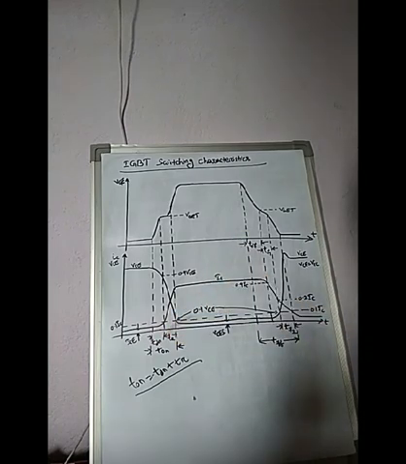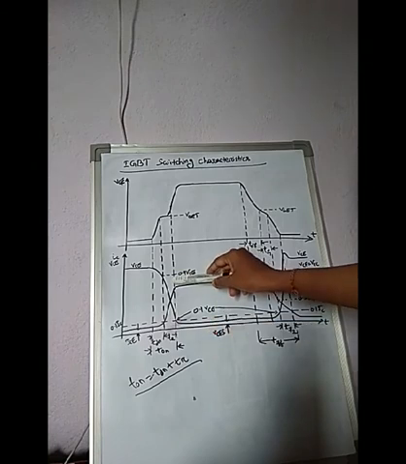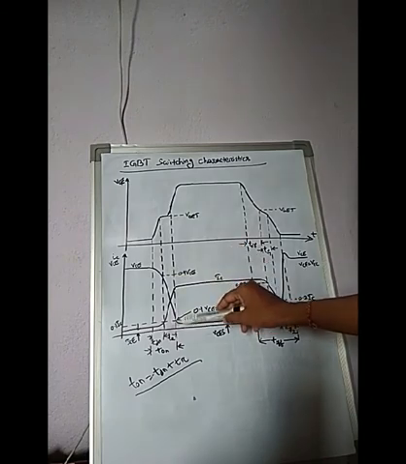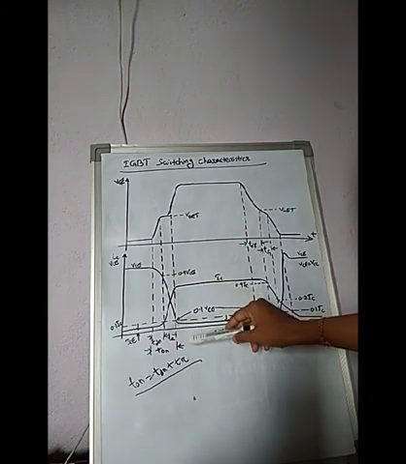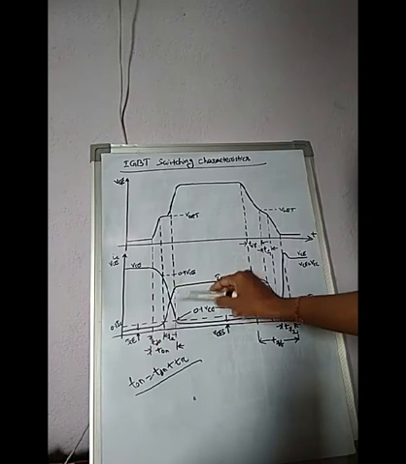Okay, so then come to rise time. Rise time is the time during which collector emitter voltage falls from 0.9 VCE to 0.1 VCE. It is also defined as the time for collector current to rise from 0.1 IC to its final value IC.